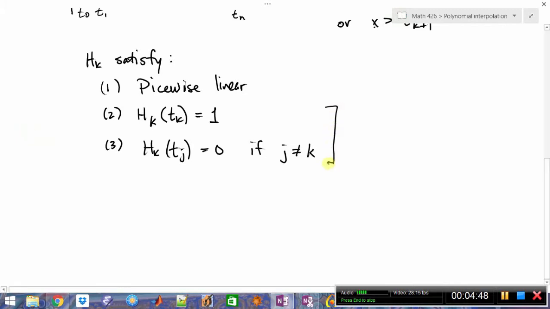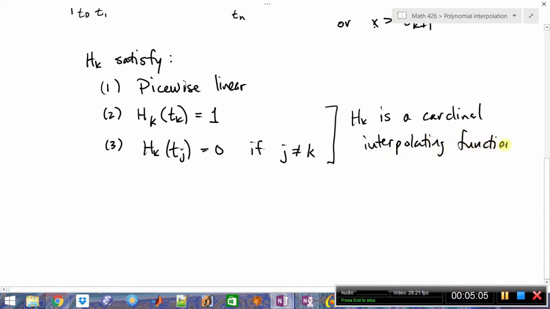These last 2 conditions together make hk what we call a cardinal function. Cardinal just means it's 1 at one point and 0 at all the others. Now, if you think about it in general terms, conditions 2 and 3 together look a lot like columns of an identity matrix: one of the components is 1, all the others are 0.